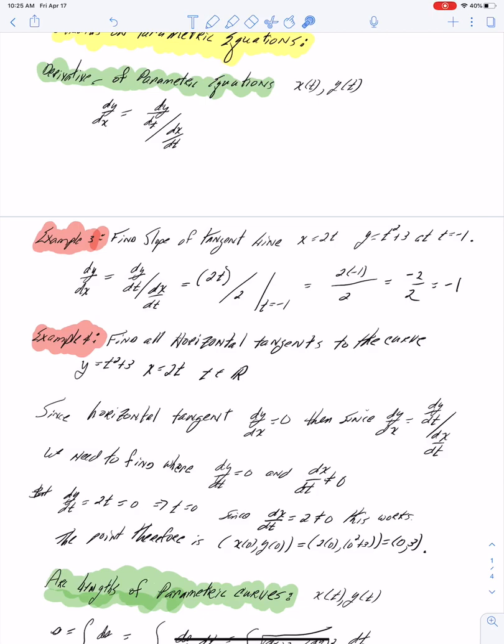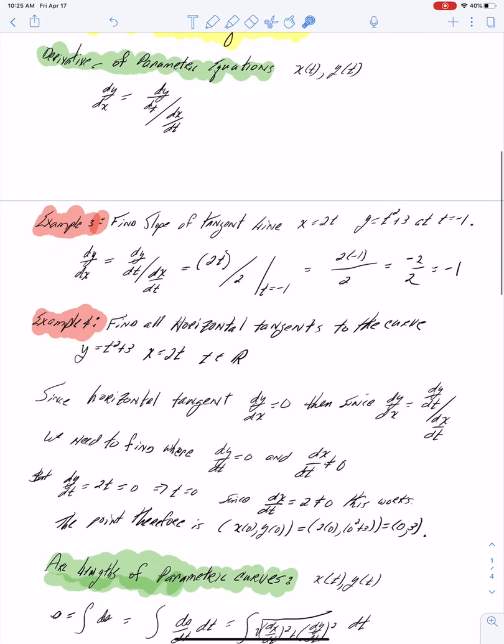Well, a horizontal tangent is where what? dy dx equals 0. But dy dx is dy dt over dx dt. So how would dy dx be 0? If dy dt were 0 and dx dt were not. All right, so that's what I try to find.